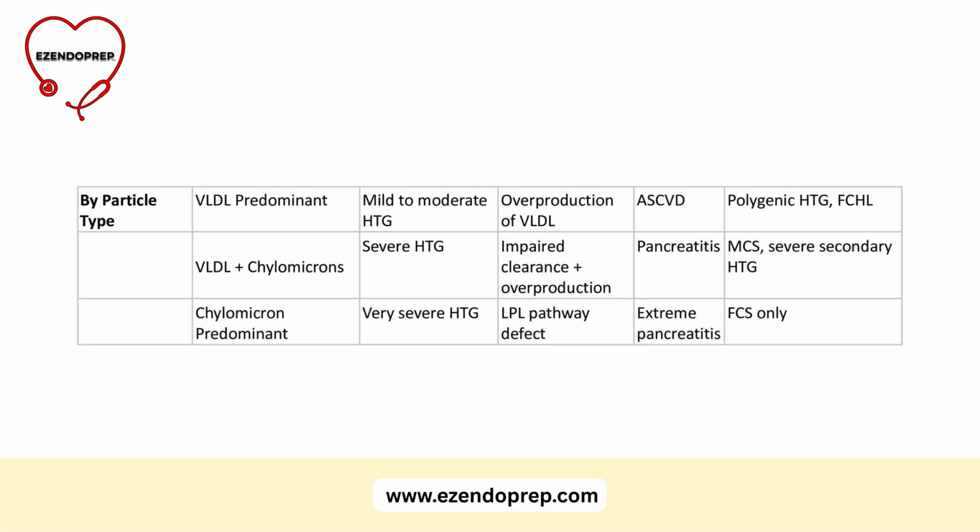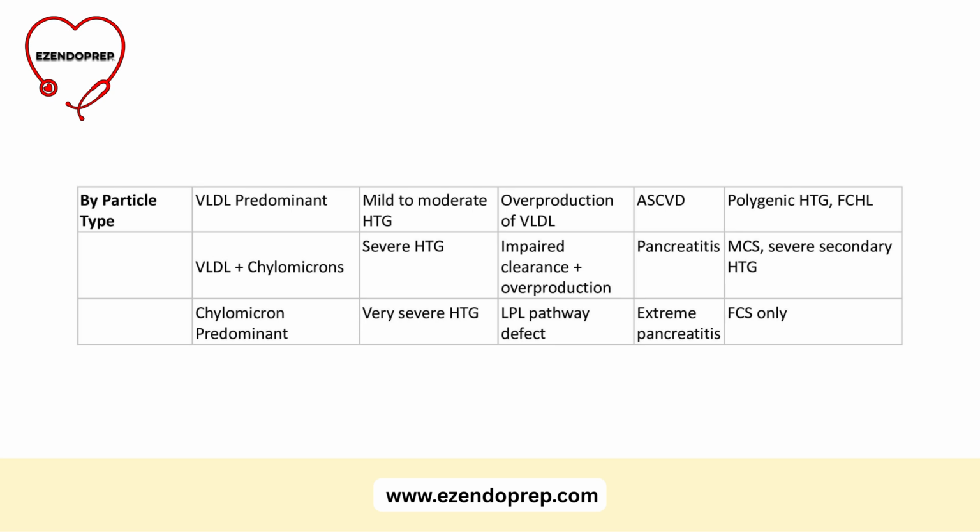Mixed VLDL and chylomicrons. This is severe hypertriglyceridemia, often multifactorial chylomicronemia, and levels are often over 500, sometimes over 885.